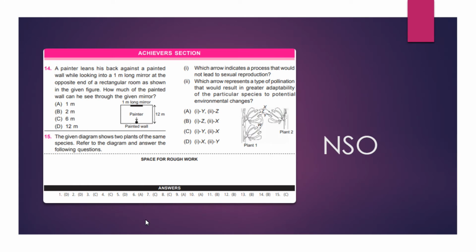Achiever section, the last section for NSO. A painter leans his back against a painted wall while looking into a 1 meter long mirror at the opposite end of the rectangular room as shown in the given figure. How much of the painted wall can he see through the given mirror?